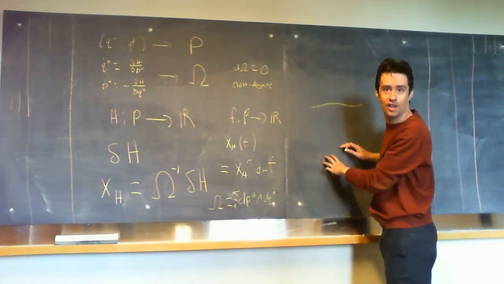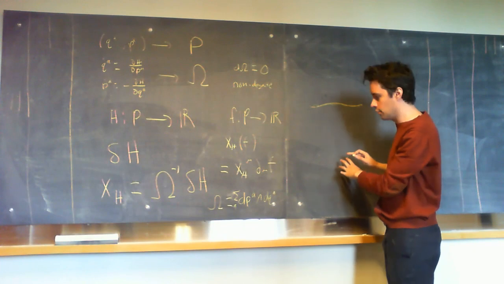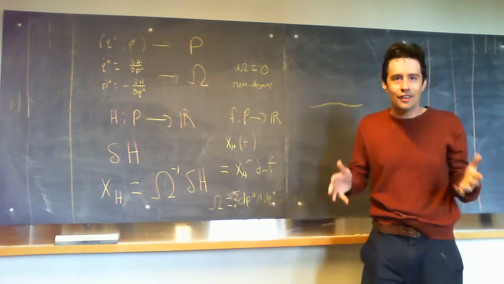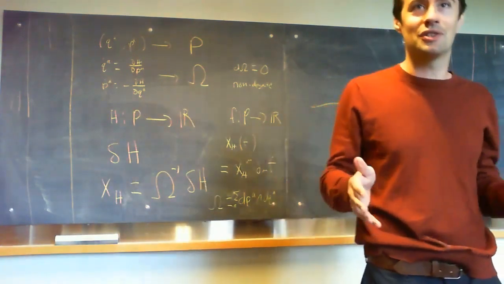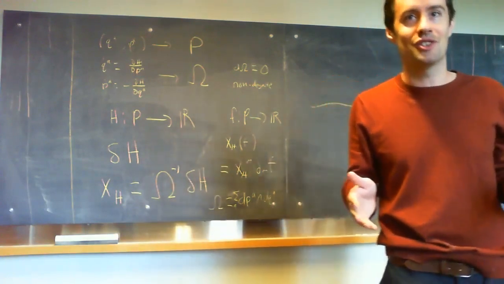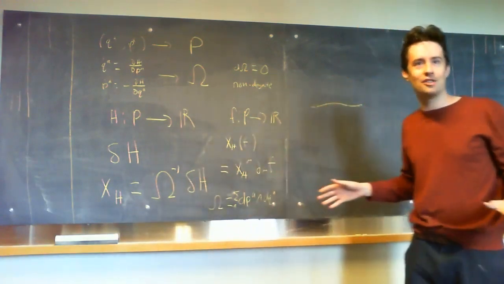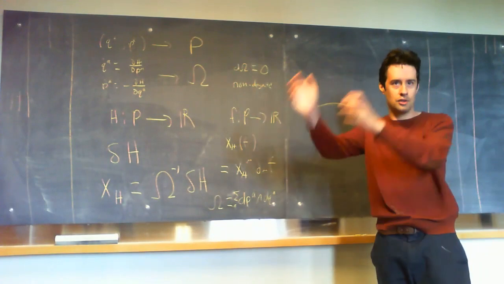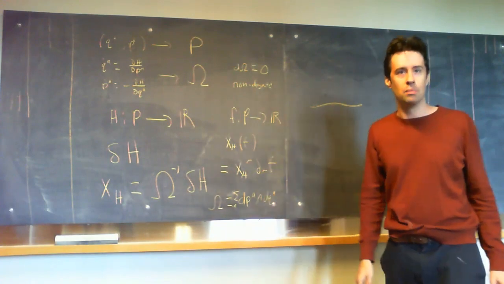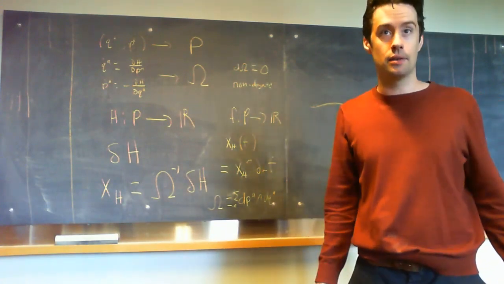So what that means is that the set of solutions is not in one-to-one correspondence with the set of initial conditions. Because if I do that gauge transformation, I can send one solution to another solution, but they have the same initial data.